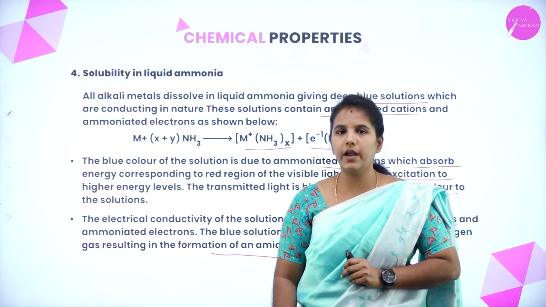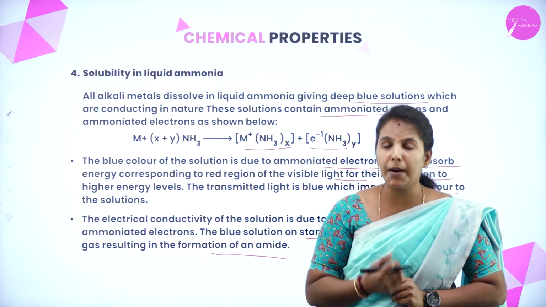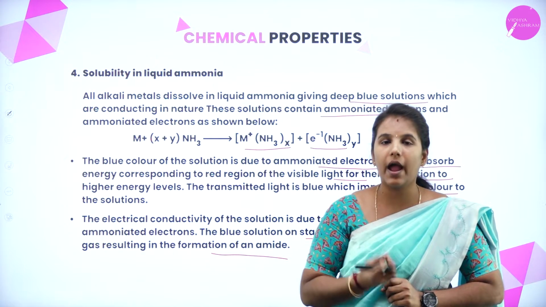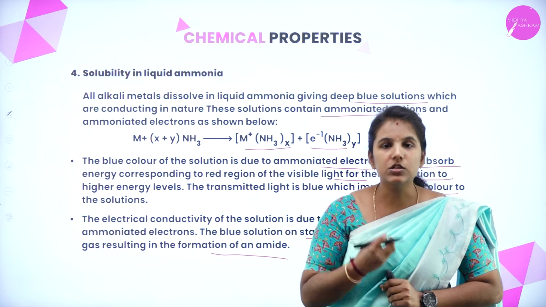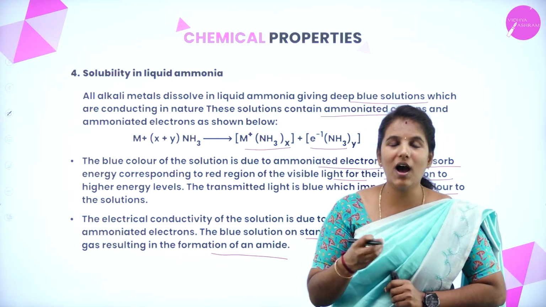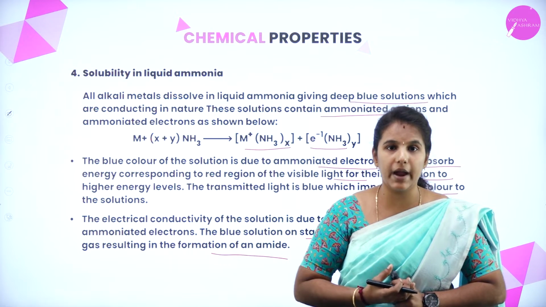So what will happen when you react the metal with ammonia? It will form ammoniated cation and ammoniated electron. This ammoniated cation will liberate hydrogen, giving rise to amide.